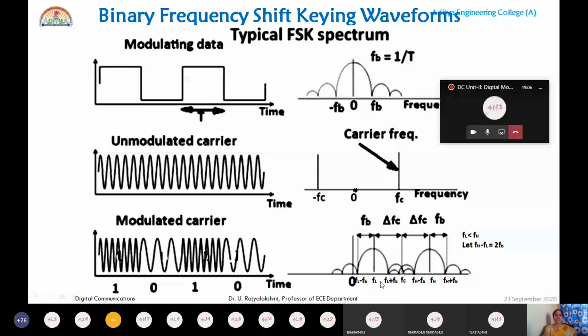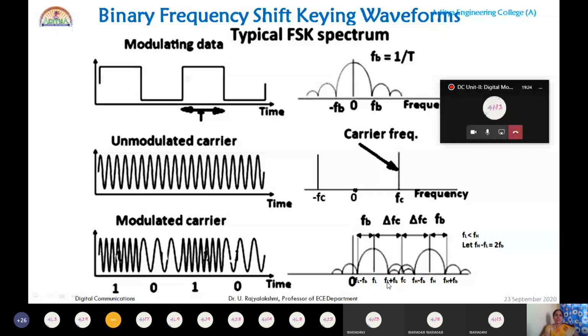Once FL is multiplied with the input BL of t, you will obtain LSB and USB, where LSB for FL is FL minus FB and USB for FL is FL plus FB.